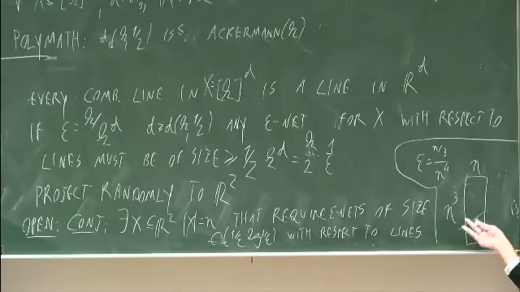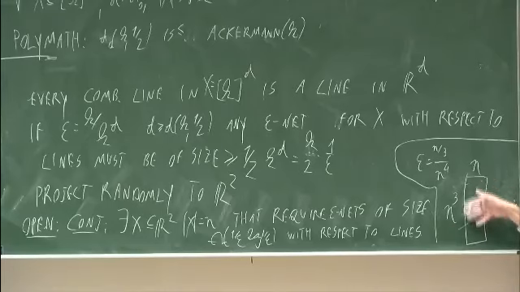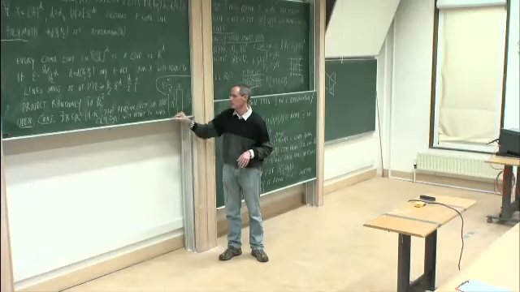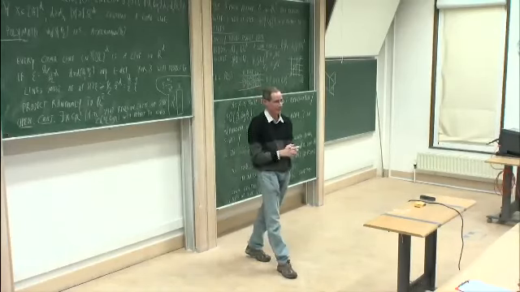Every line will have about half of the points it had before, and I want to capture all the lines that have at least n over 3 points. It seems to me that in this example you need to take n cubed log n points, that you cannot do better than taking about log n columns. But this I don't know.